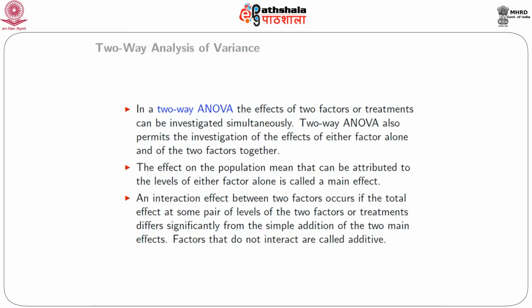Apart from the main effects, we have a third type of effects which is called an interaction effect. An interaction effect between two factors is said to occur if the total effect at some pair of levels of the two factors or treatments differs significantly from the simple sum of the two main effects. Factors that do not interact are called additive, because for them the joint effect is simply obtained by adding the individual main effects.